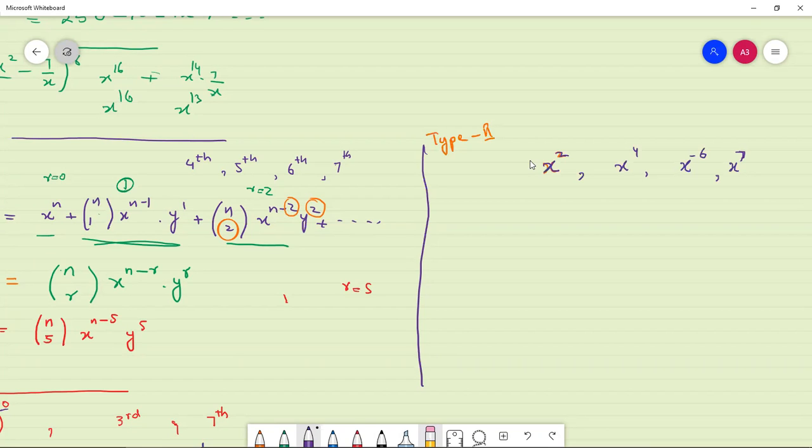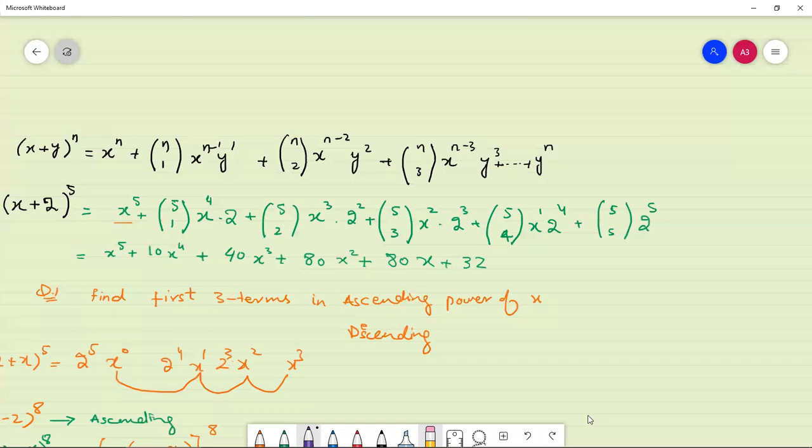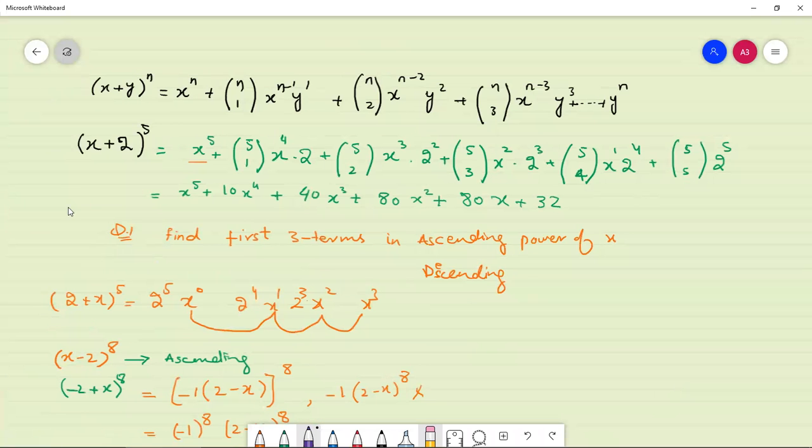So we have to find the value of r, because we don't know the position of x here, whether this term occurs at number 2, number 3, or number 4. If we are asked to find the coefficient of x here, we go to question number 1. Now, x plus 2 power 5, and we do not know the value of r.